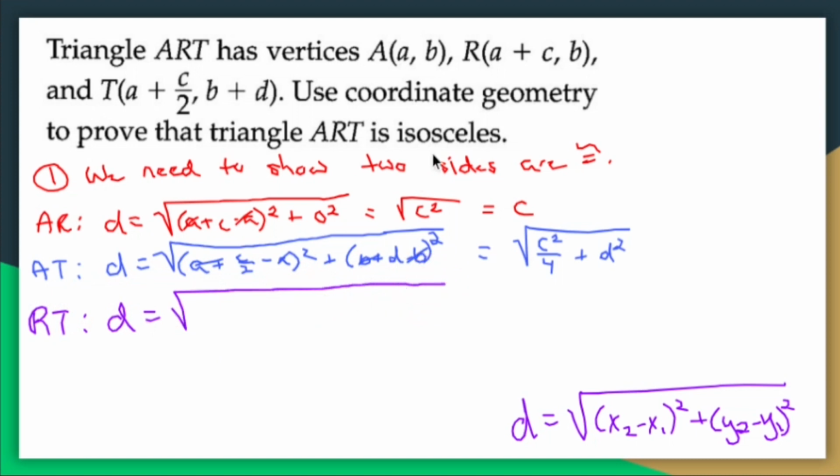All right. The distance, let's let that again be my 2's, that be my 1's. So you're going to be A plus C over 2 minus, now be careful, I'm subtracting both A and C. So minus A minus C, close that, squared.